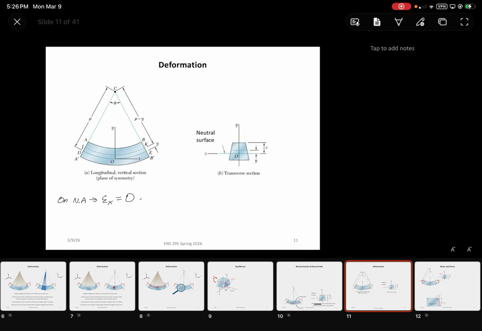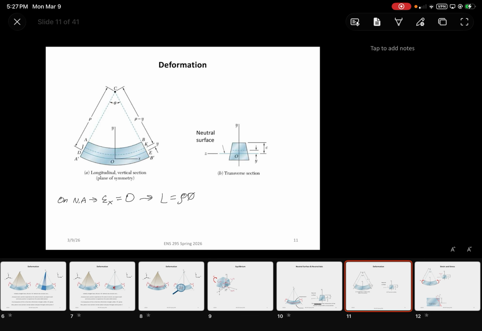From this, we can convert this to an arc length equation. Who here knows how arc lengths work? So the length in the X direction would just be defined as rho times theta, where rho is the radius of curvature, and theta is the angle for the segment that we're considering, right?